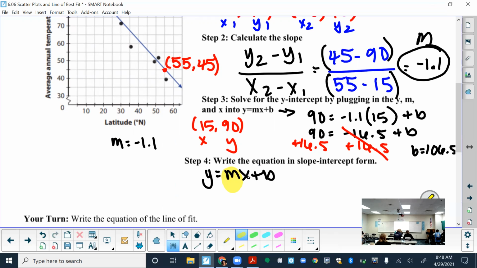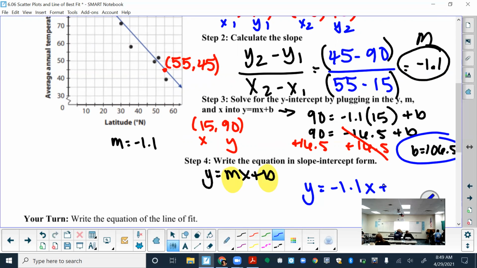Yes. Do we replace the x with a number usually? And what about the b? So then plug in your m that you solved for, plug in your b that you solved for. The line of best fit is y equals negative 1.1x plus 106.5.